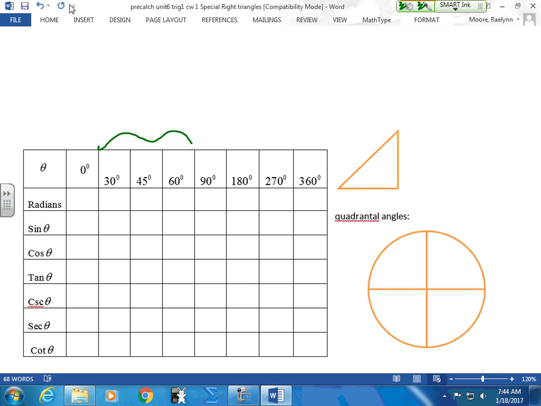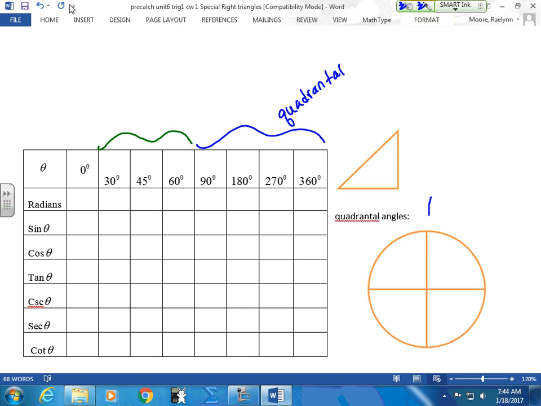These are what we call quadrantal angles. See the word quadrant? What does quadrant mean? The four things, right? The four things. Quadrant angles. So the reason we say quadrant angles is this.